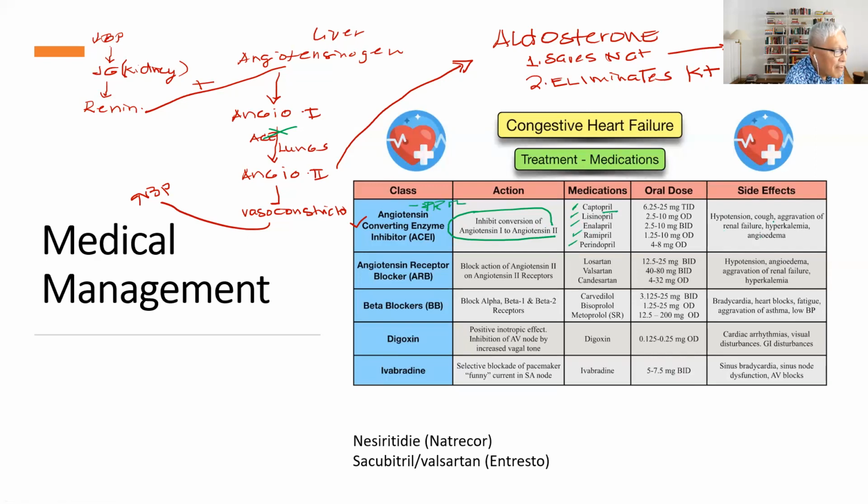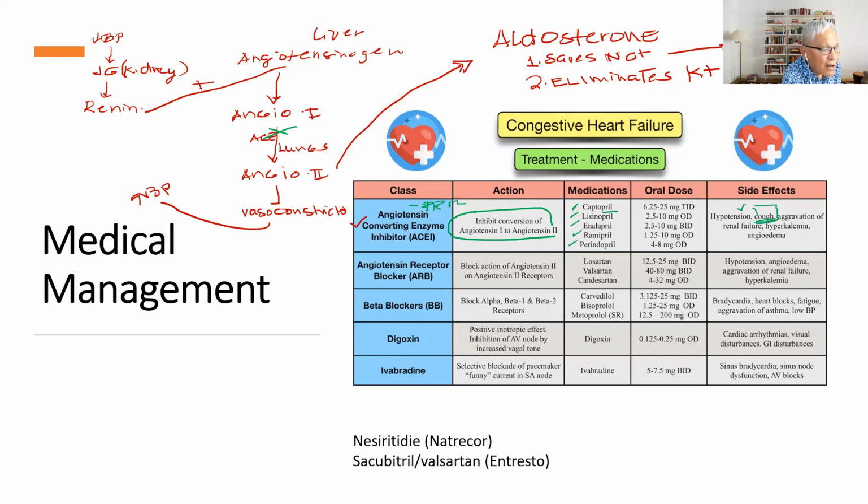And the side effects, it stands to reason, is going to be hypotension. And right over here, where does angiotensin converting enzyme reside? Do you remember where it resides? In the lungs, yes. And therefore, if you interrupt that, there will be a non-productive cough.